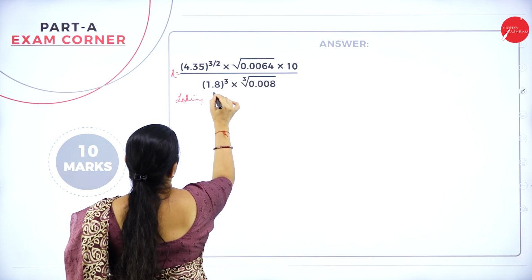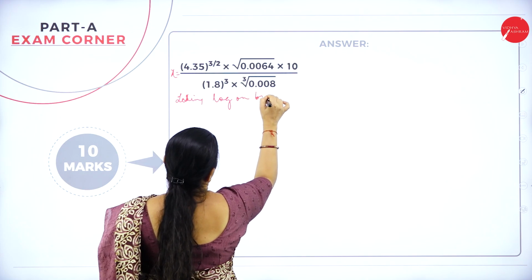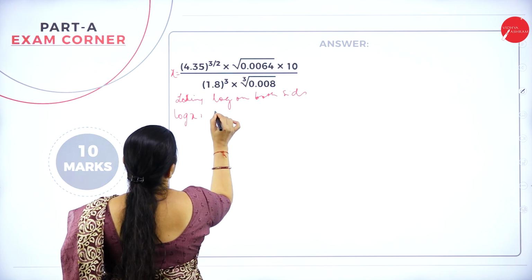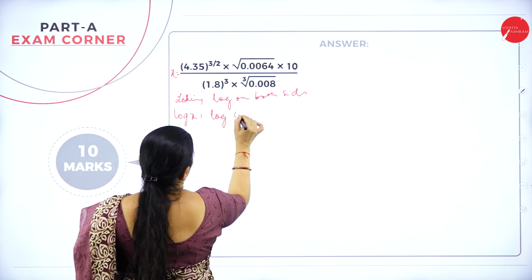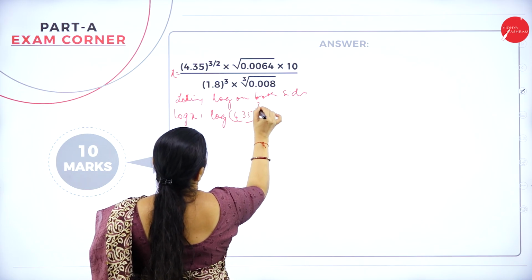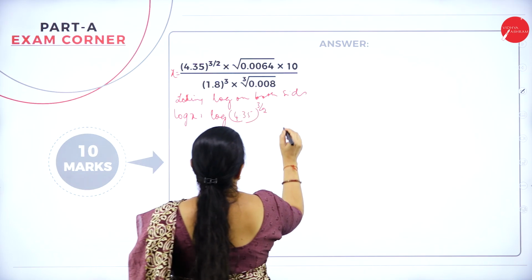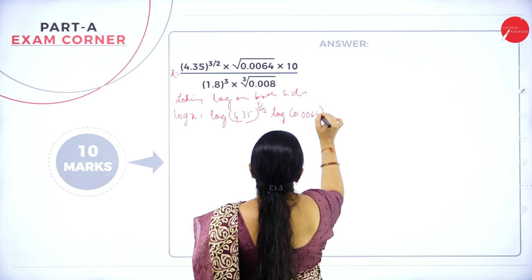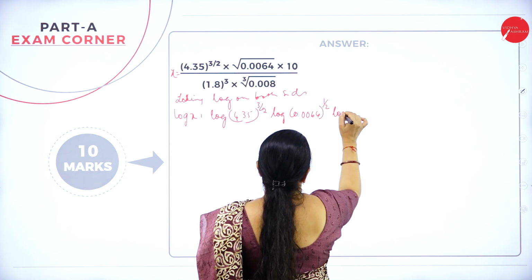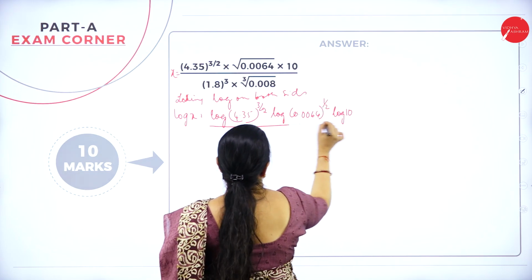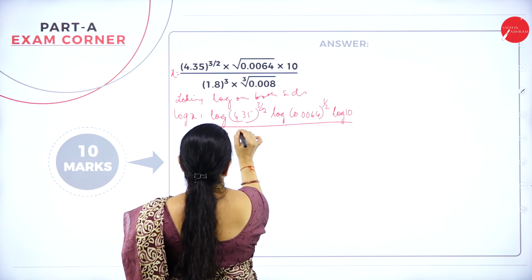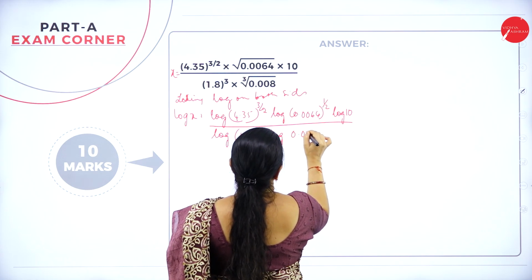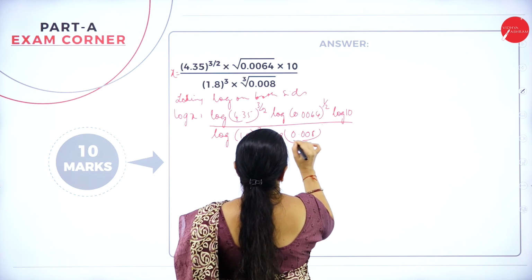Taking log on both sides, I get log of x equals log of 4.35 to the power of 3 by 2, log of 0.0064 to the power half, into log 10, whole over log of 1.8 to the power 3 and log of 0.008 to the power of 1 by 3.